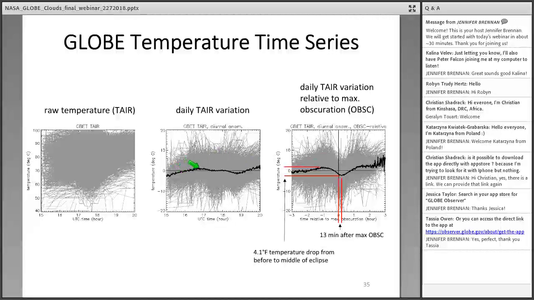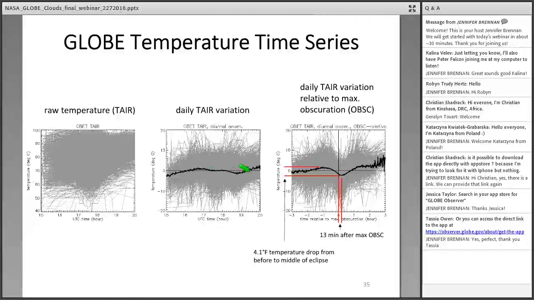The black line is the mean temperature change over the course of the day observed by all of the observers. You can see that there was a decrease in the temperature caused by the eclipse here.